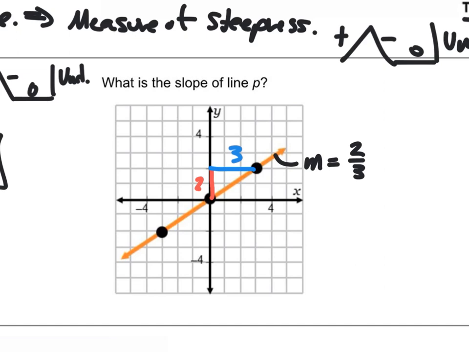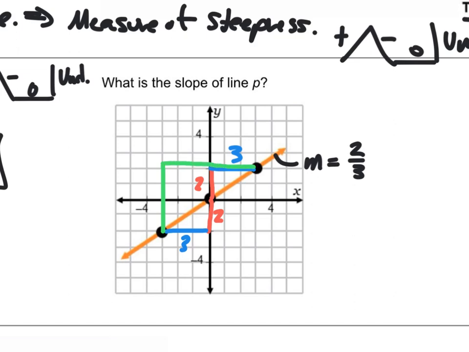Now, do you have to just use these points? Could I do other points as well? Could I even go down and over? Sure, it doesn't matter. It's still a vertical change of 2 and a horizontal change of 3. You could even go from this point all the way over to this point.